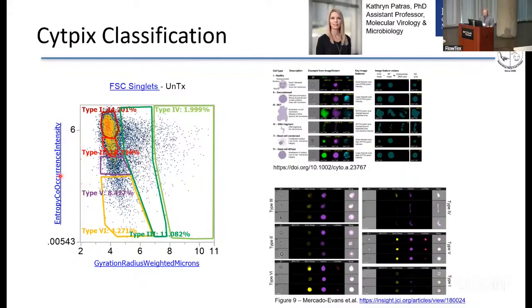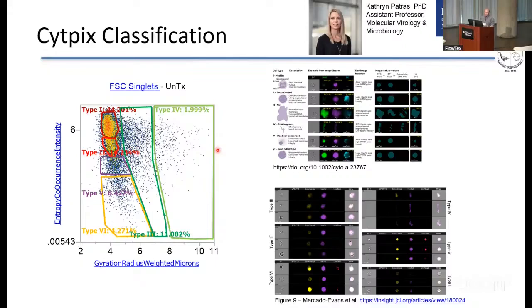So we found 2 parameters again, entropy co-occurrence intensity and gyration radius, like with the sperm. And these proved useful in distinguishing the morphological phenotypes without the use of fluorescence. The entropy refers to how disordered the pixels are within an object.